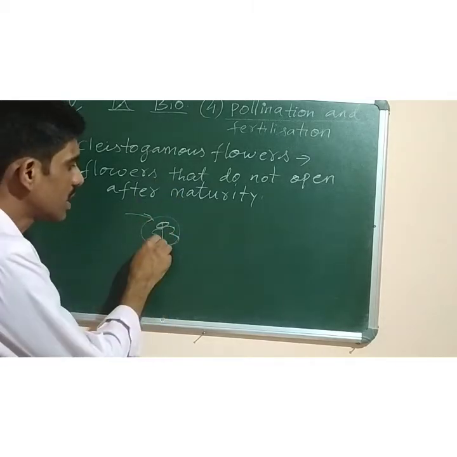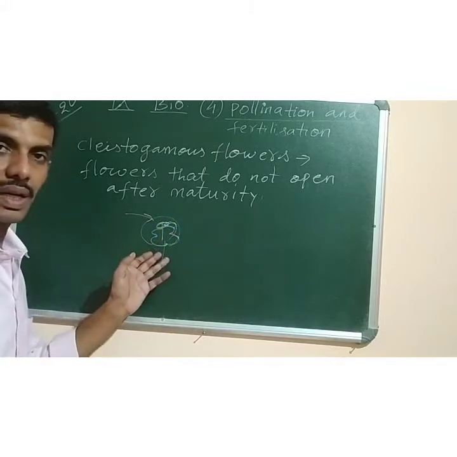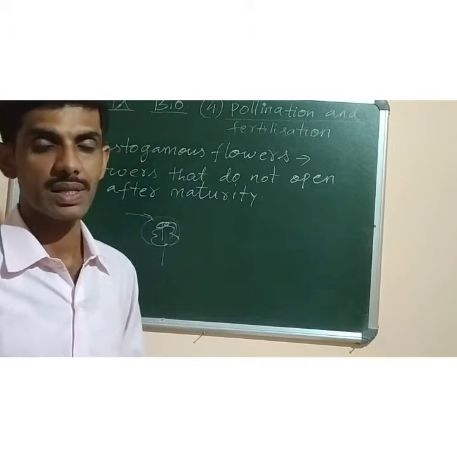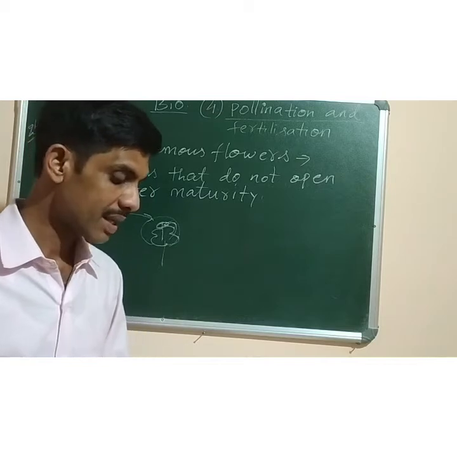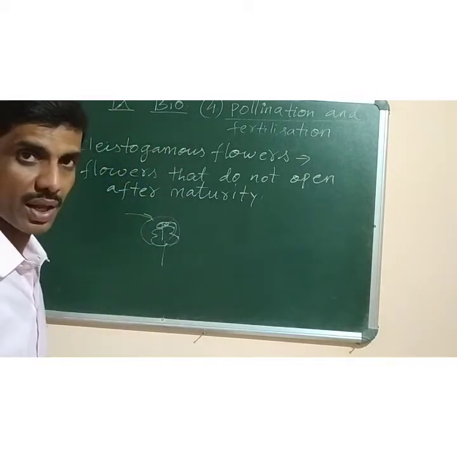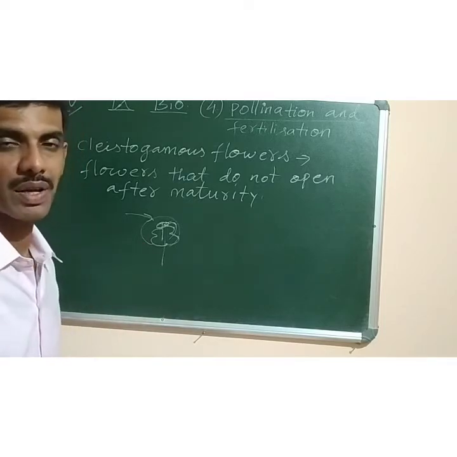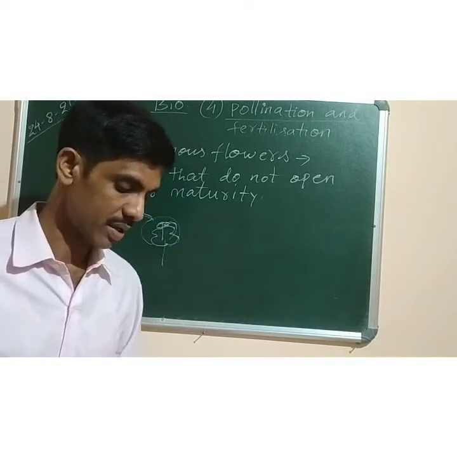It means within that flower the pollens can be transferred onto the stigma. That will increase the process of self-pollination and reduce the chances of cross-pollination. Means there will be no cross-pollination in cleistogamous flowers. Examples are Khatibuti and wood sorrel, the two plants mentioned where cleistogamous flowers are found. Okay.